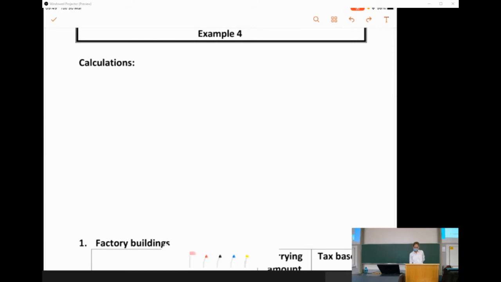So first of all, in this example, you'll see that we have to do the transactions for the 2 years, X1 and X2. Okay, 31 December X1 and 31 December X2. So on the 1st of January X1, we purchased land and buildings for 1.19 million.